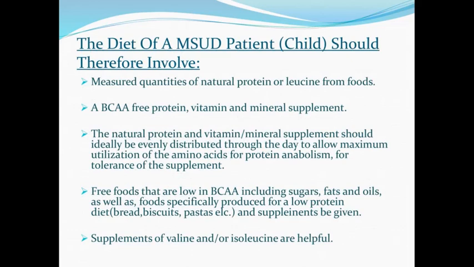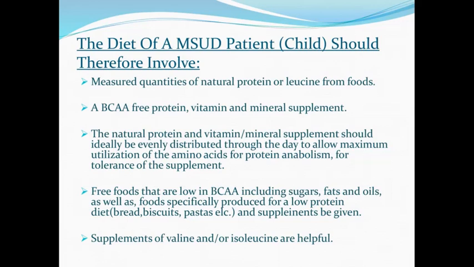Next, as we know, diet is an essential part. So we will consider what kind of diet should be given to an MSUD patient. Basically, what the diet should involve and what should not be given. Measured quantities of natural protein are allowed from foods.